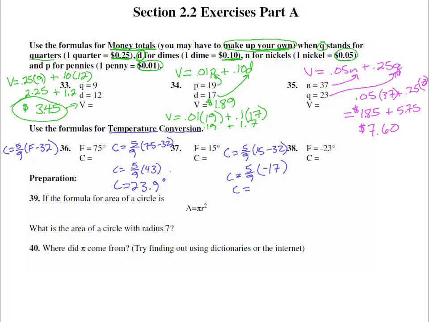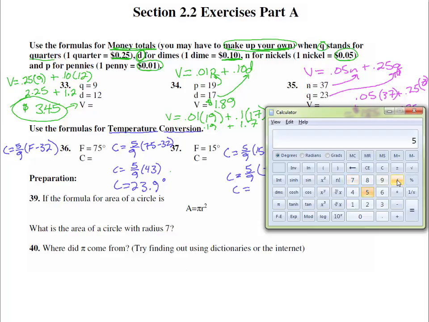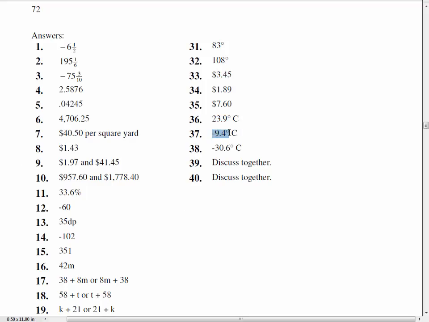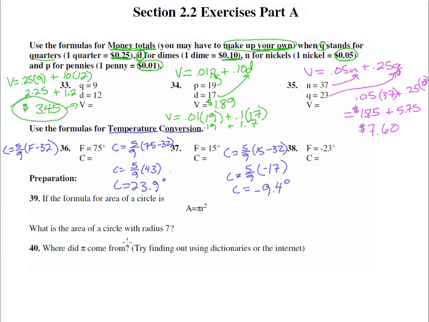C equals, let's get our calculator again, 5 divided by 9, we'll turn it into a decimal, we could leave it as a fraction, times 17. Put a little minus on that, plus or minus button, to make that a negative 17. We get negative 9.4, 4 on forever, so negative 9.4 degrees Celsius. Let's double check our answer, and we get yes, negative 9.4 degrees Celsius is the same as 15 degrees Fahrenheit.